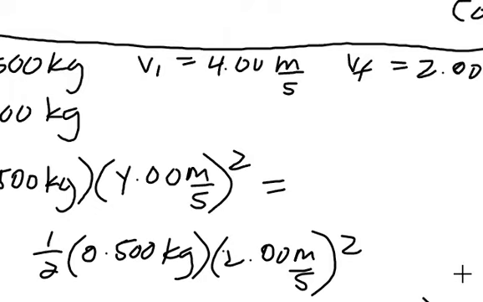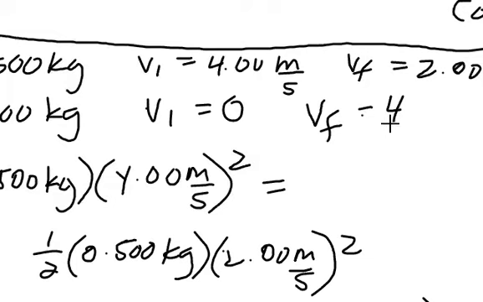And if you do the math, V final of B is going to be 4.47 meters per second. The initial of B was 0, V final is 4.47 meters per second. Let me pause and clear the board.